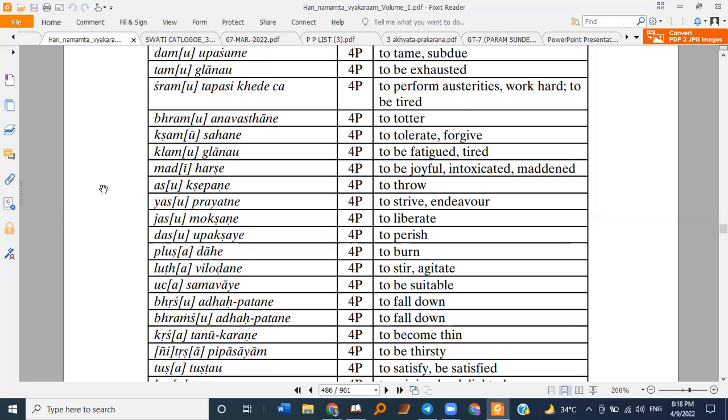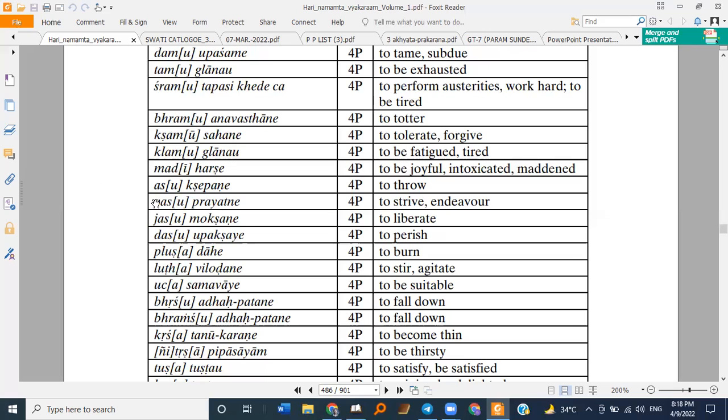She came and said, "Can I get a chapati roller, the belan?" And I asked, "What happened to your chapati roller? At your home, you must be cooking chapatis, so you must be having it. What happened?" She said, "Actually, my mother threw it at my father, so it broke." So thus that chapati roller became an astra. So also kshepane, to throw.